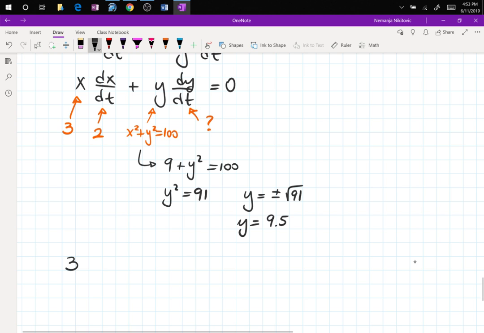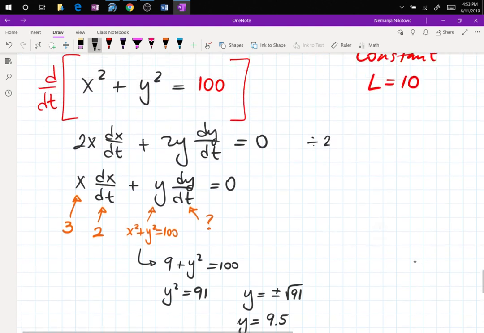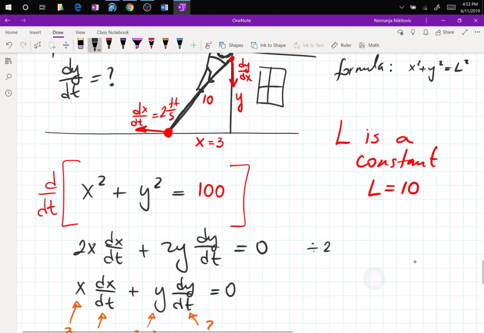3, which is the distance in x, times 2, plus 9.5 times dy/dt. Now I need to worry about all of those signs which we said we have to worry about. So what are going to be negatives?